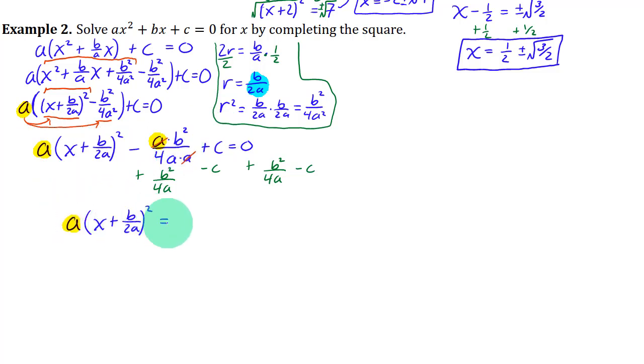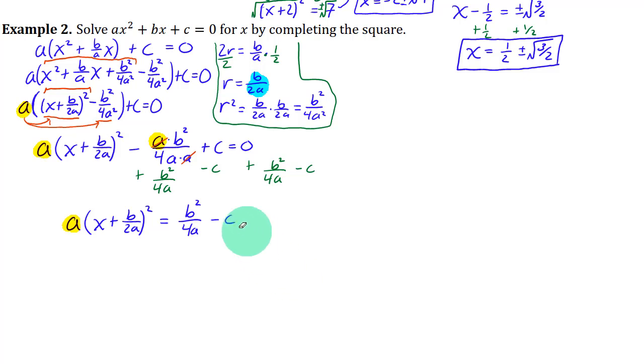And that's going to be equal to b squared over 4a minus c. And this is going to look a lot nicer if we can combine these into one fraction, the b squared over 4a minus c. So what I want to do is make it so they have the same denominator.